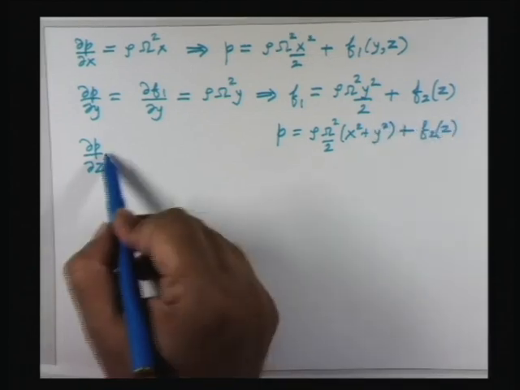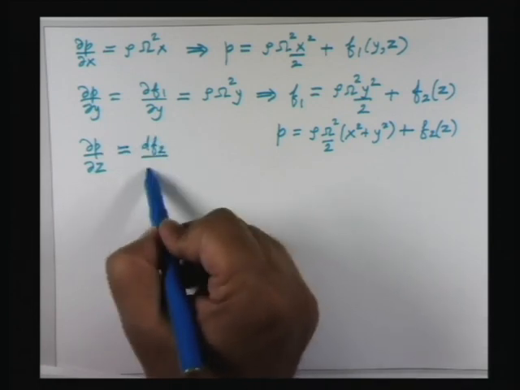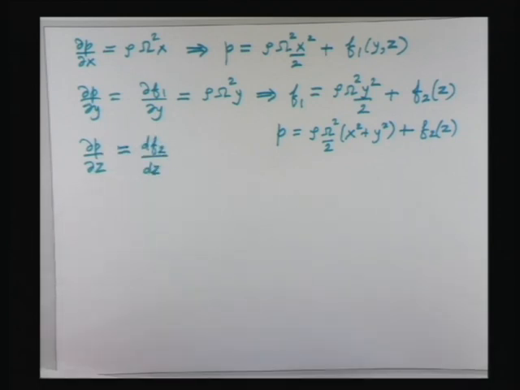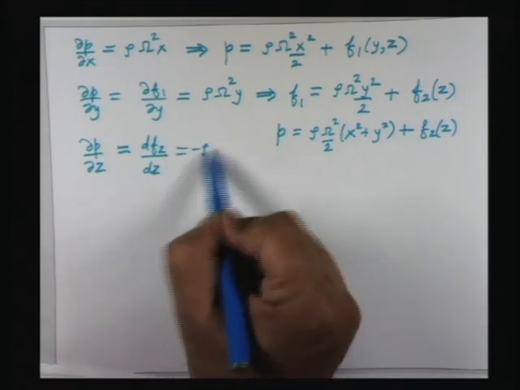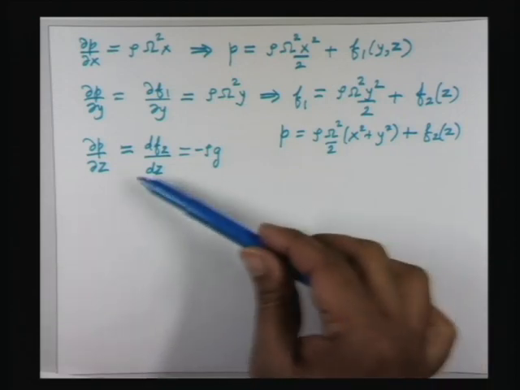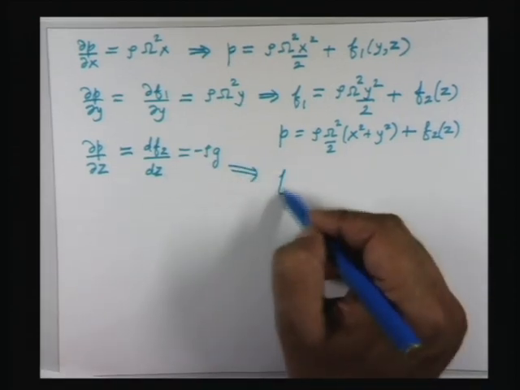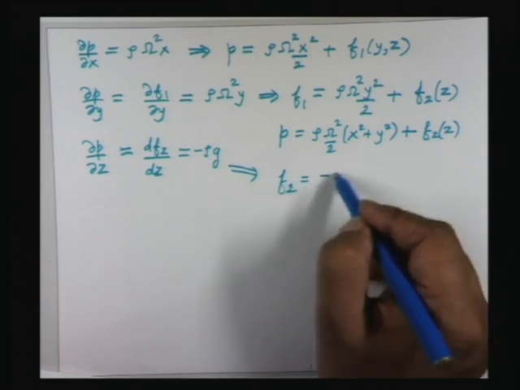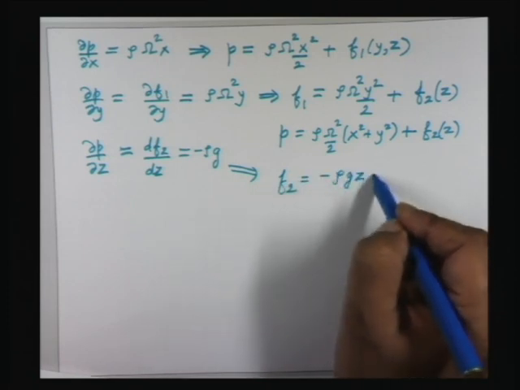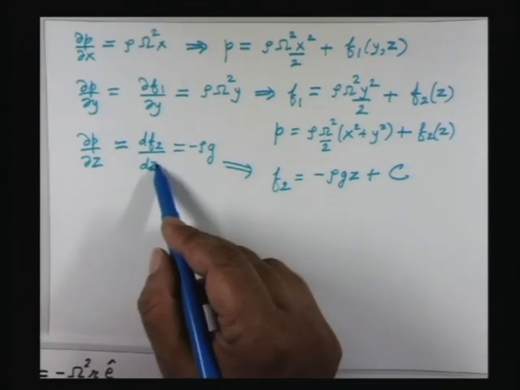So del p del z is simply df2 dz, which must be equal to minus rho g. So we have made use of the first two equations. Now we look at the third equation, and if we integrate this, you get f2 is equal to minus rho gz plus a constant rather than a function, because this is a total derivative.